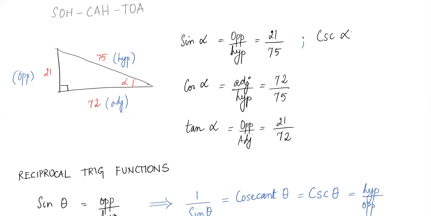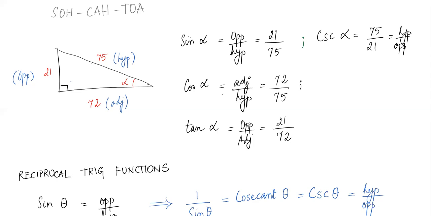In this problem, it's alpha, so you have to stick to that problem's notation. So cosecant alpha is the flip of sine. So you have to go hypotenuse over opposite. Or because we just found these numbers here, you just flip the numbers, which is hypotenuse over opposite.